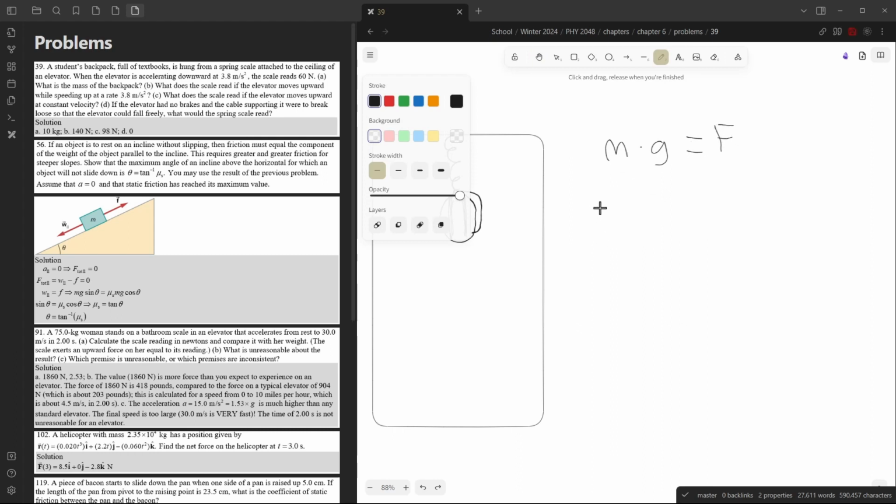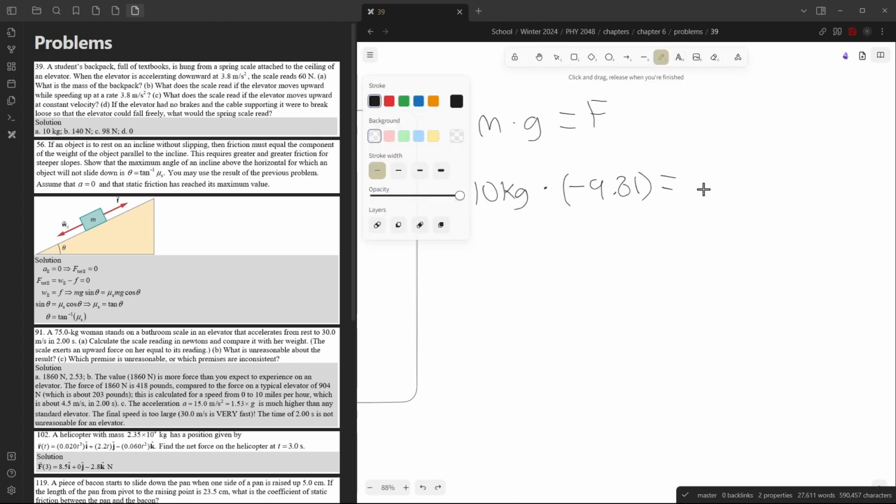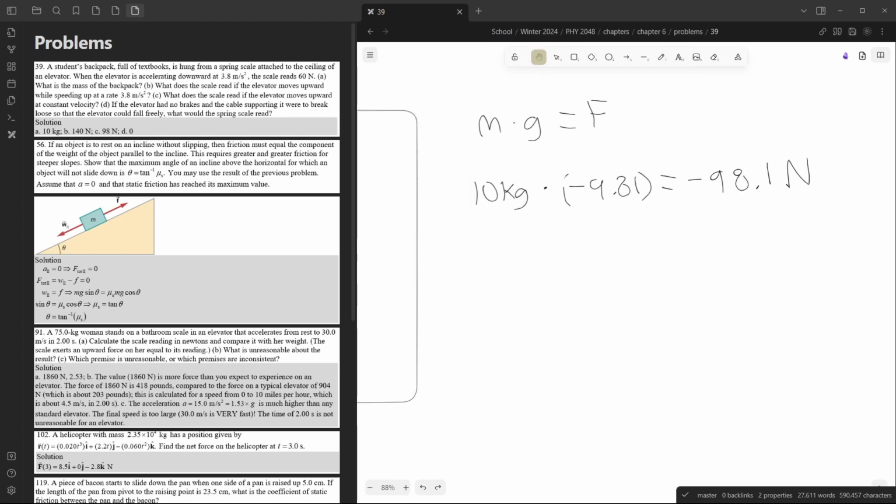Our mass is known to be 10, and gravity is 9.81. So your force is negative 98.1 newtons. And we see that that is our answer for part C.